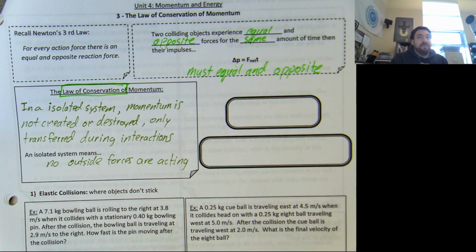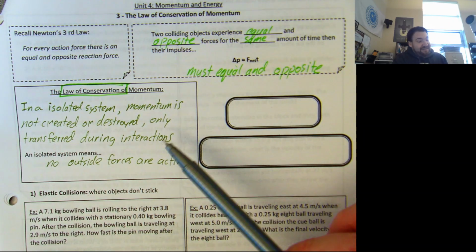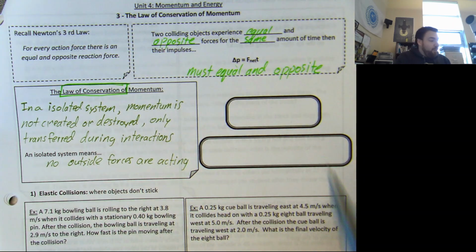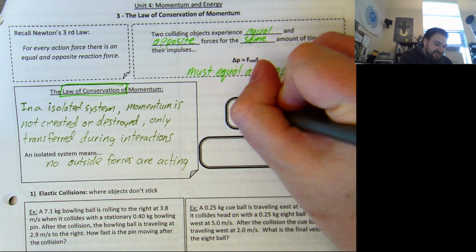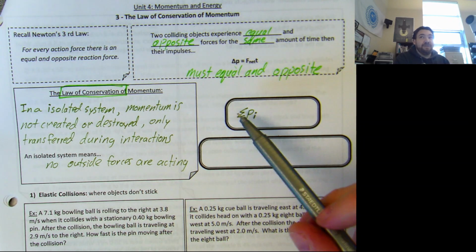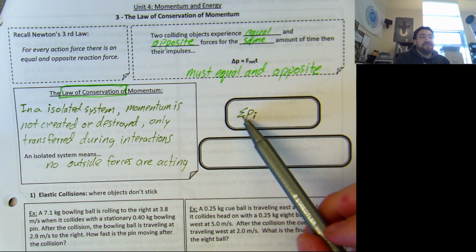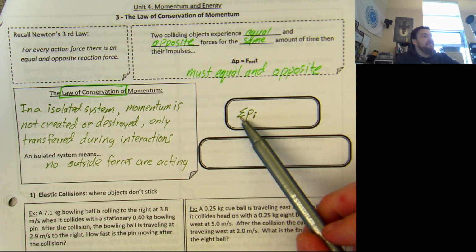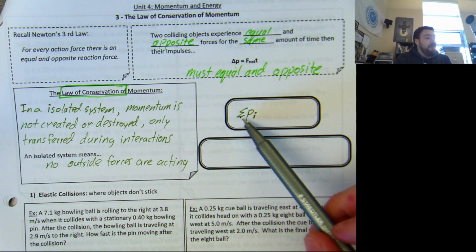So the law of conservation of momentum is going to lead us to three interesting scenarios. Because of this, in an isolated system, momentum is not created or destroyed. What that means is the sum of all of your momentum at the beginning. Remember, that symbol there is a mathematical symbol. It's a Greek letter sigma. It means the sum. Just like we had the sum of the forces, this is the sum of the momentums.